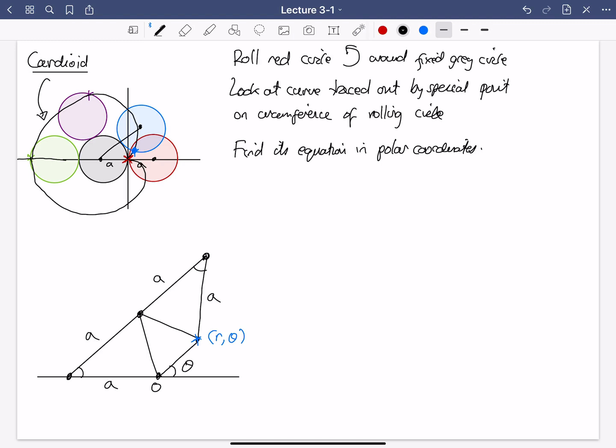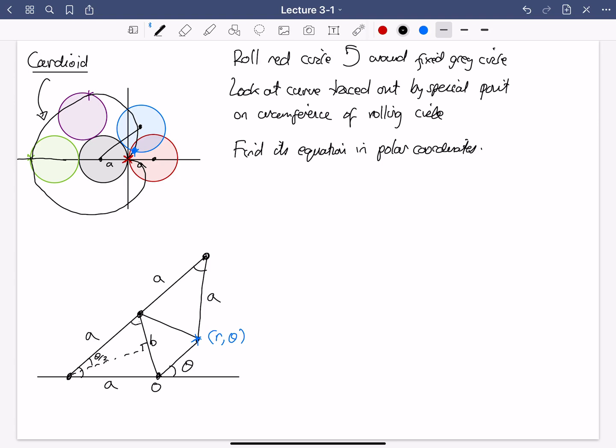Okay, so that's pretty good. What else can I fill in here? Let me see. This triangle right here is an isosceles triangle, side A, side A. Let's call that side there B. If I were to drop that perpendicular, that would be half theta in there.